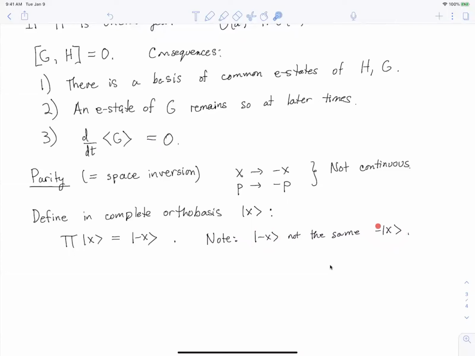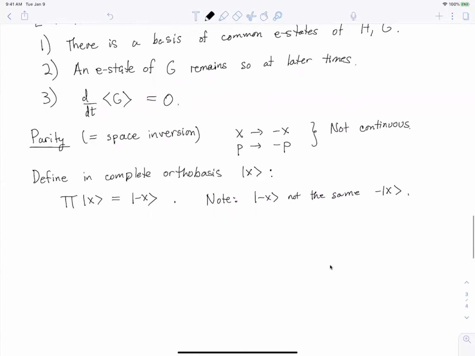The minus sign is just some phase multiplying it. And so these things are just completely different. So that's how we can define the operator. We can think of it as being defined by this, but it's nicer to have a statement like this one that's just true for every basis element.